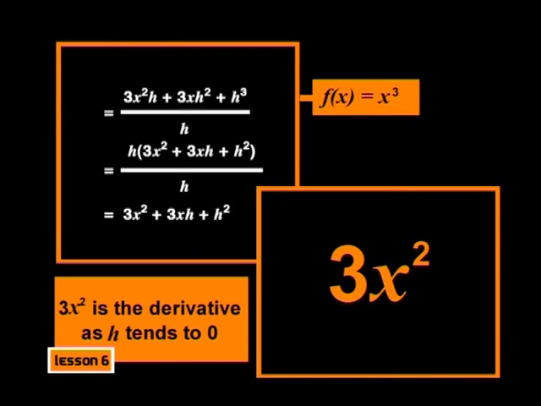And the gradient of the line between x, f(x), and x plus h, f(x plus h), is 3x squared plus 3xh plus h squared. When h is very small, this gets very close to 3x squared, which is the derivative.